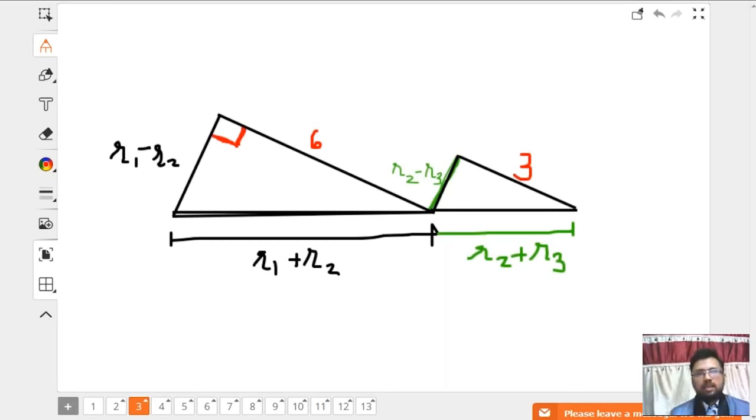Correct. AA similarity. These are parallel, so you can say this angle is the same. Very good. By AA similarity criteria, these two triangles are similar.